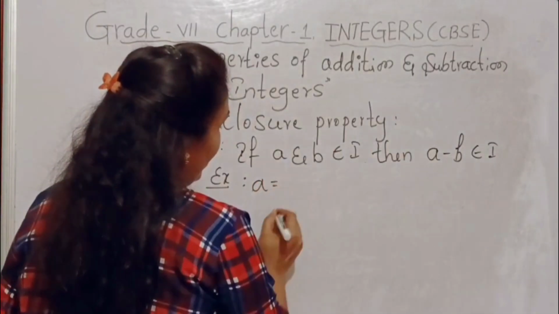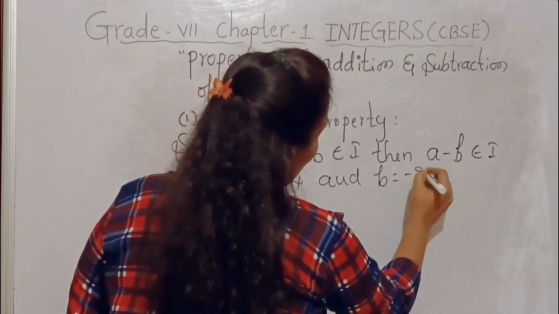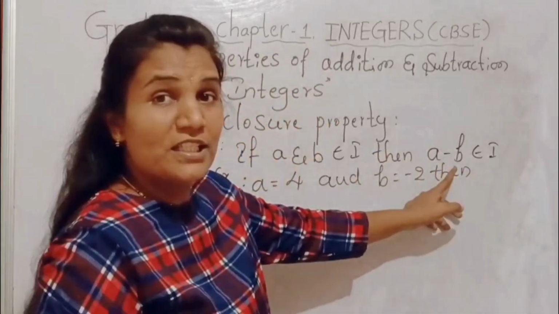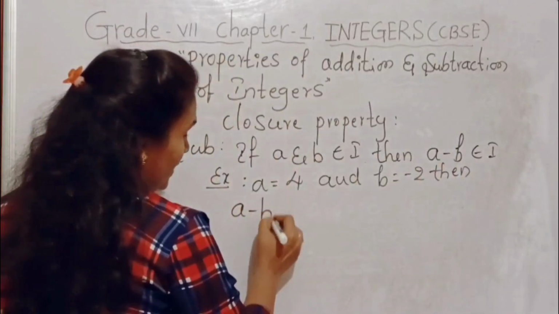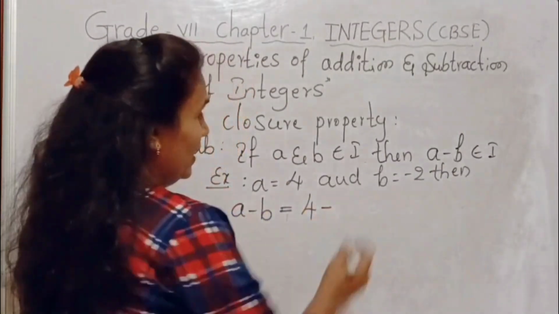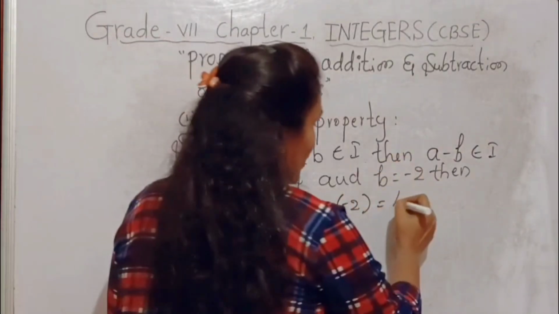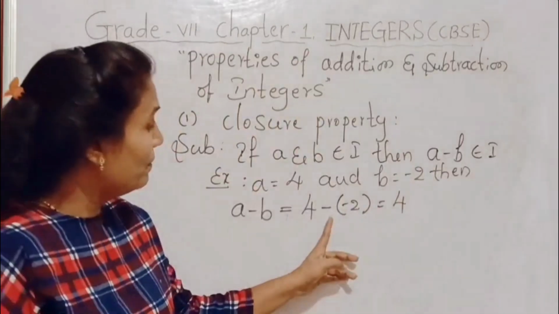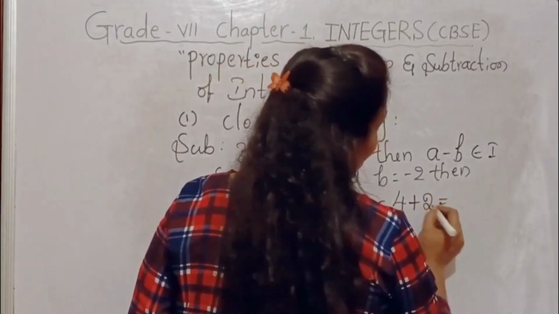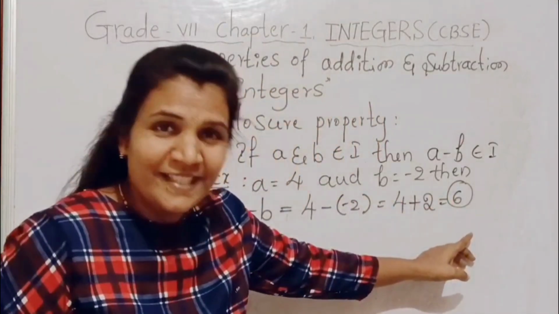If a is equal to 4 and b is equal to minus 2, then we'll check a minus b. A minus b is 4 minus minus 2. We'll open up the bracket: minus into minus gives plus, so 4 plus 2, which is 6. 6 is also an integer.